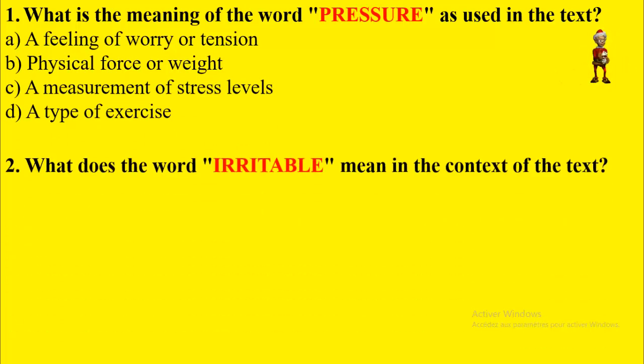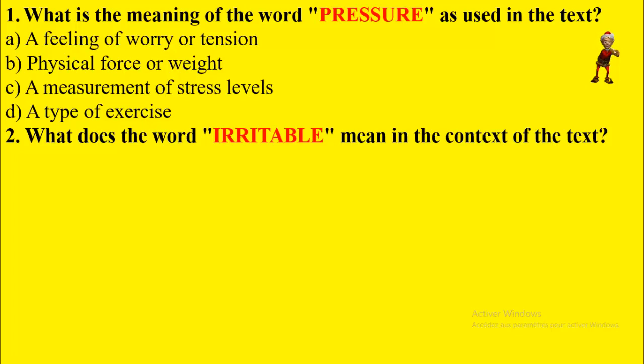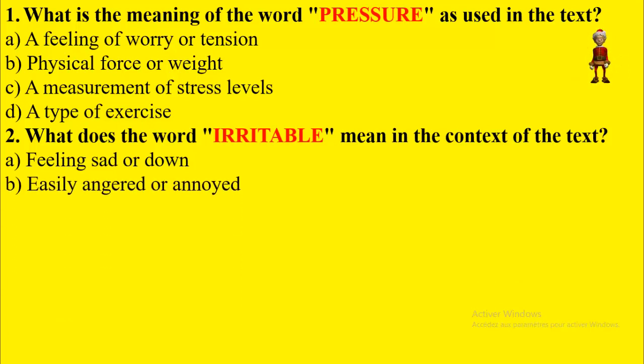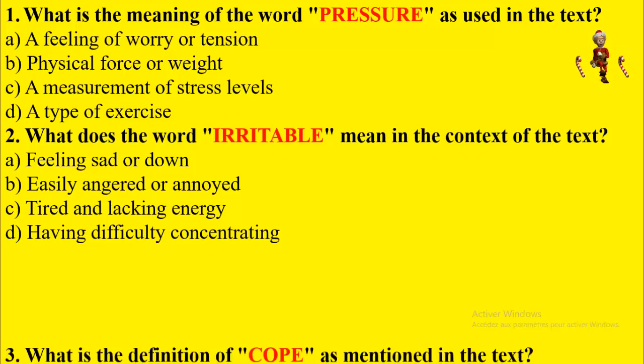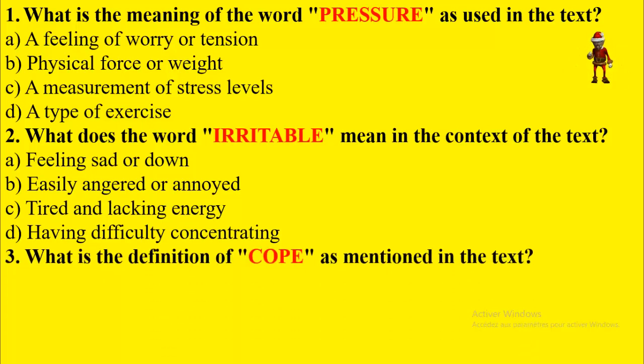Number 2. What does the word irritable mean in the text? A. Feeling sad or down. B. Easily angered or annoyed. C. Tired and lacking energy. D. Having difficulty concentrating. Number 3. What is the definition of cope in the text?